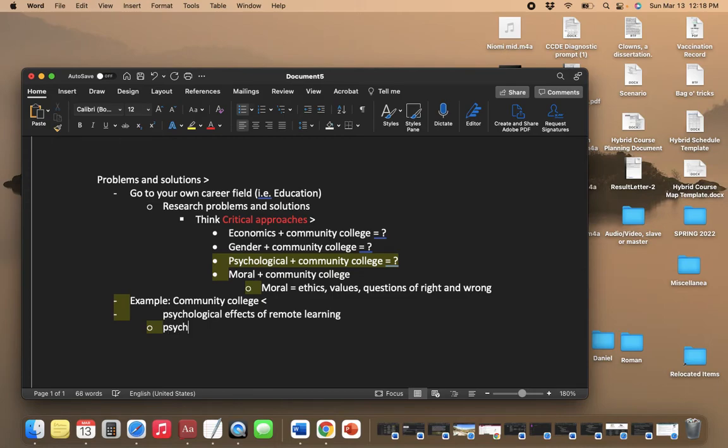Psychological. These quotes right here just mean more of the same word, in case you didn't know that.